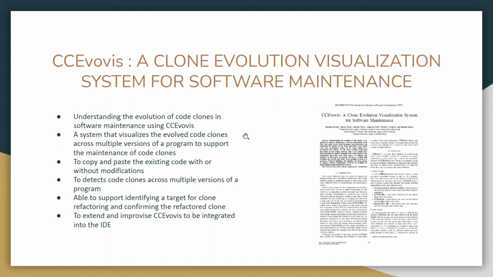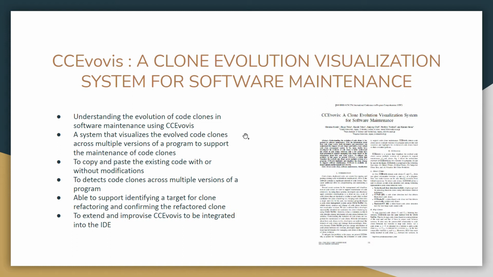Code clones, or duplicated code, are created by copying and pasting existing code with or without modification. This causes additional effort in comprehending and maintaining a system because most software contains a significant amount of code clones. Because of that, CCEvolvist has been created to detect code clones across multiple versions of a program.